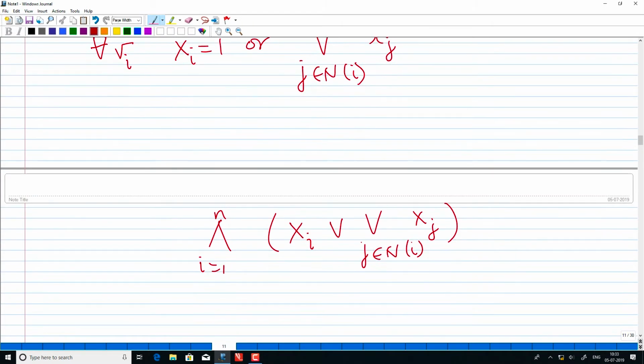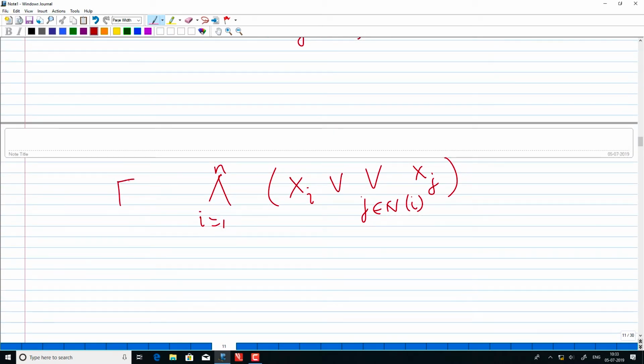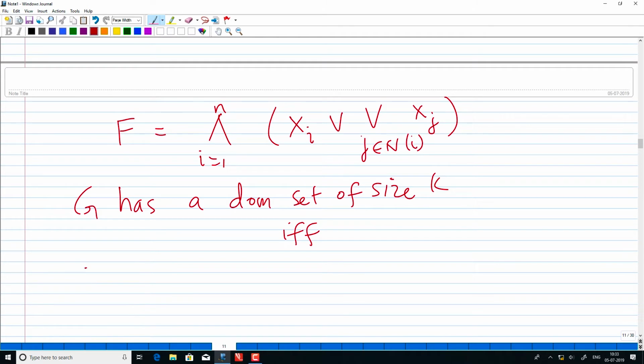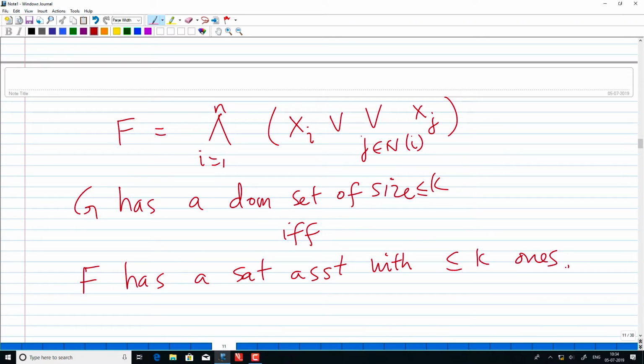So, what I have is that if I call this formula F, then G has a dominating set of size k if and only if this formula F has a satisfying assignment with at most k ones. And how do you prove this? Go to your graph.